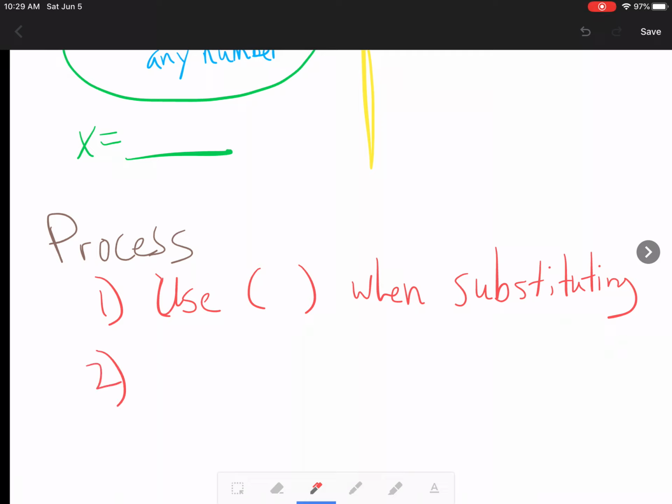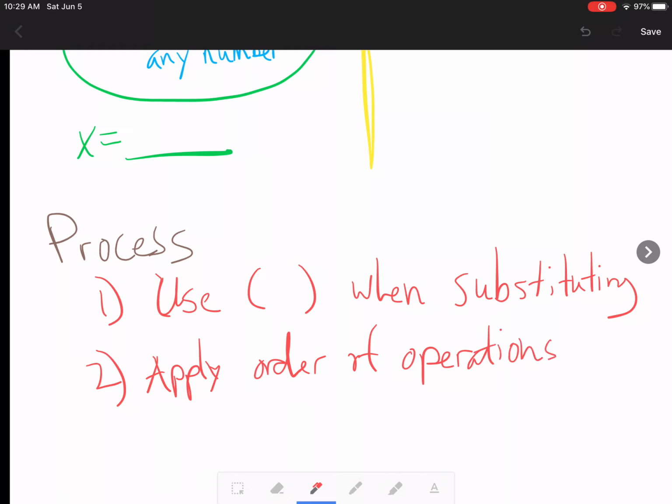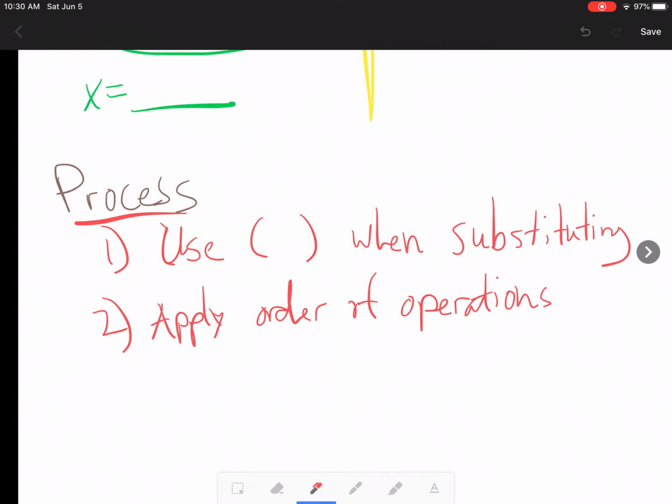Two, apply order of operations. All right? And that's it. So we're going to use parentheses when we substitute, and then we're going to apply order of operations.